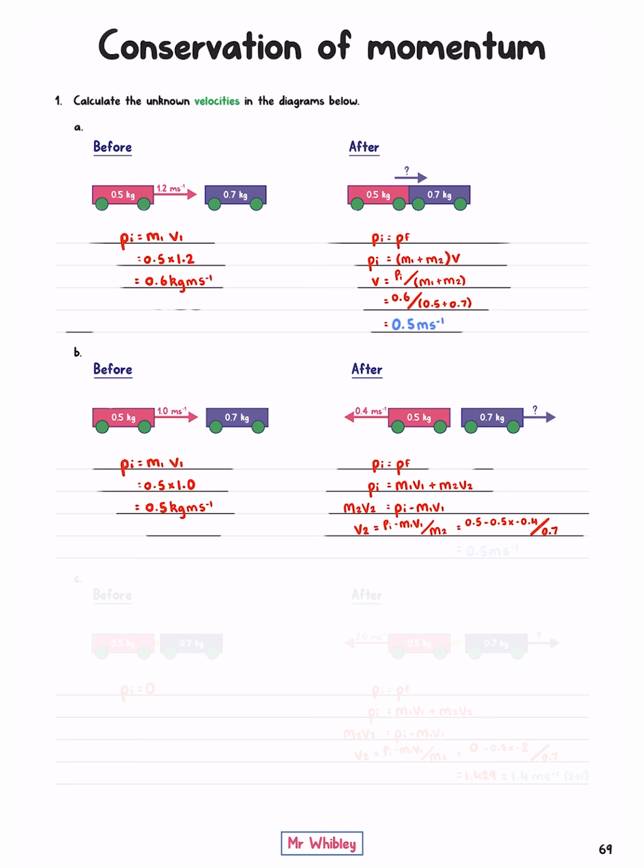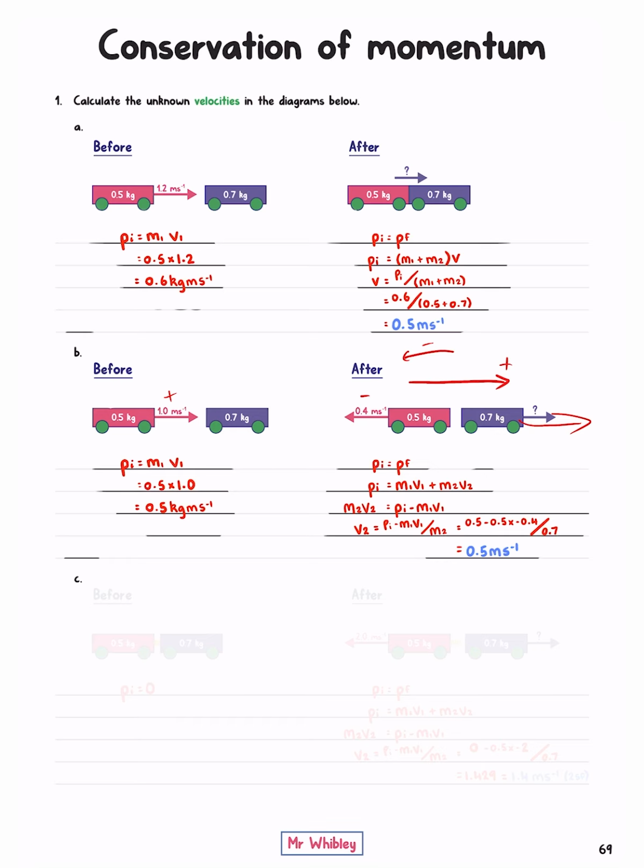Putting our numbers in, we've decided to make this direction positive, which means that this direction is negative, and so this velocity is positive, and this velocity is negative. So we substitute in negative 0.4, which gives me 0.5 meters per second, and because it's positive, we know that it must be traveling in this direction, as we would expect.